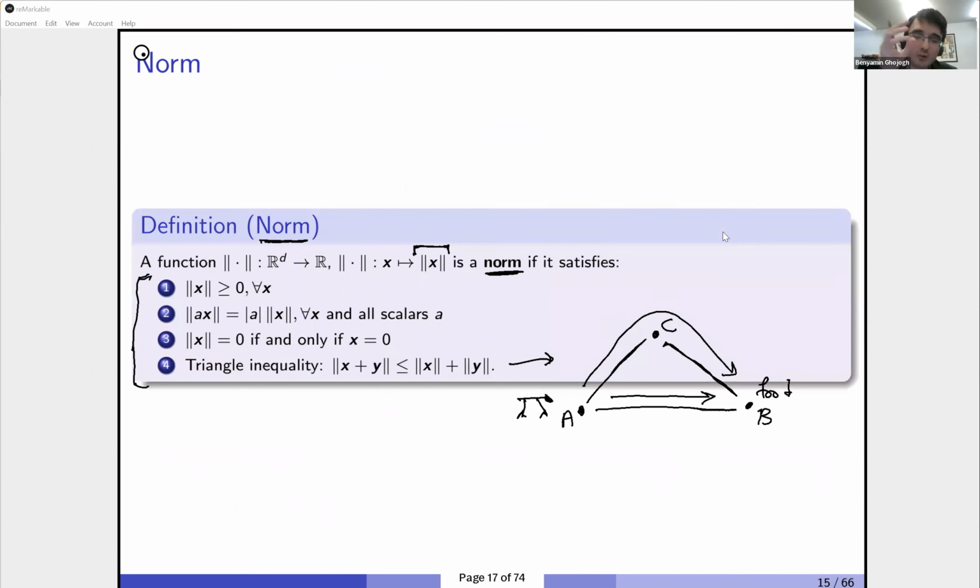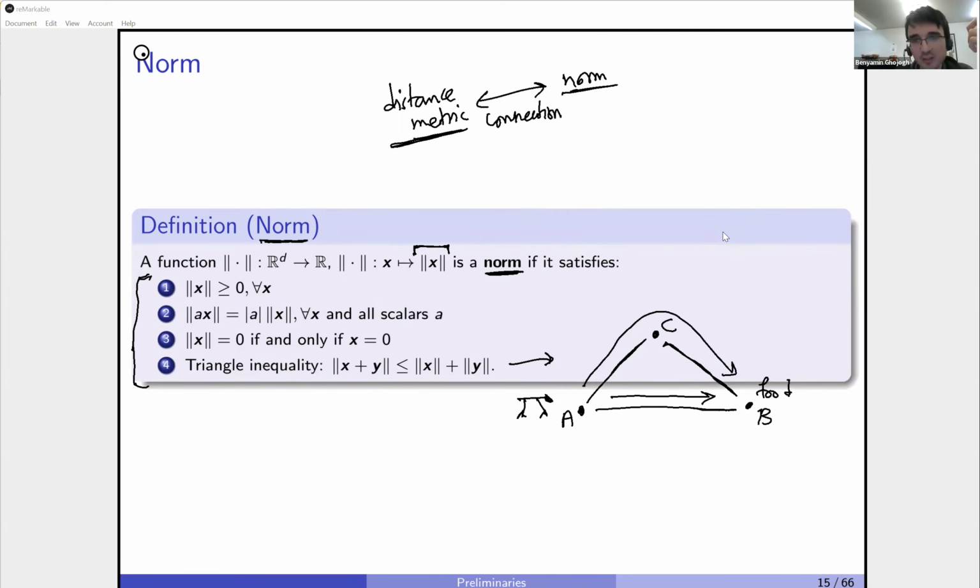So you can see a close connection between distance metric and norm. You can see that this is the definition of norm. You can look at the definition of distance metric and you will see that it also has these conditions. And so there is a connection.